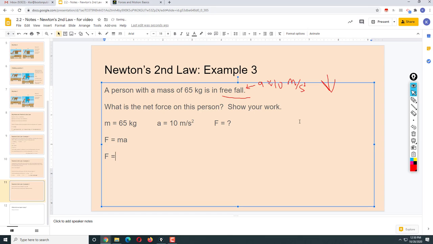Plug things in. And we multiply, we get 650 newtons. This is the net force on the person. In fact, this is the person's weight. Weight, the force of gravity, is what causes the person to fall with an acceleration of 10.